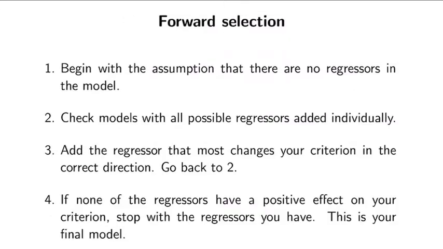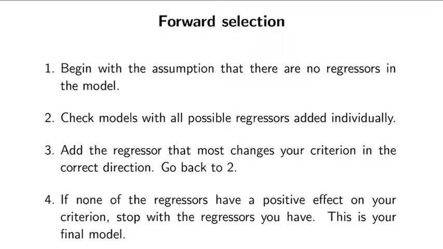In forward selection, we begin with no regressor at all, which means we're starting with nothing, just an intercept. We check the model with all possible regressors added individually. In the next step, we add the regressor that improves the criterion the most.